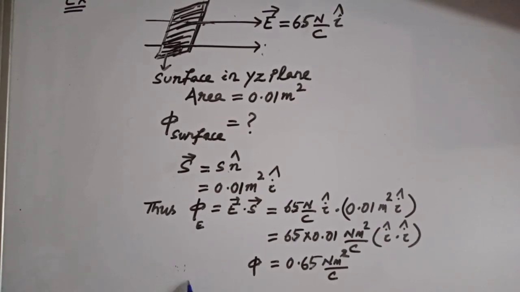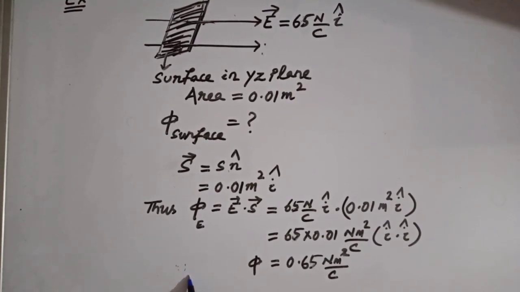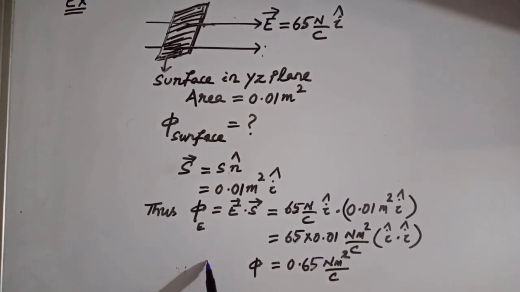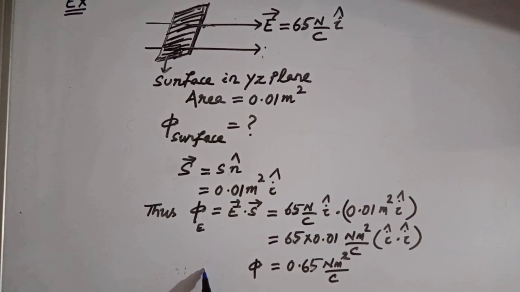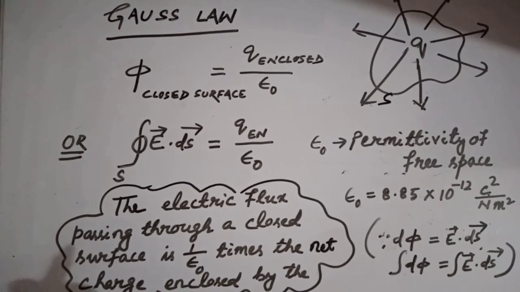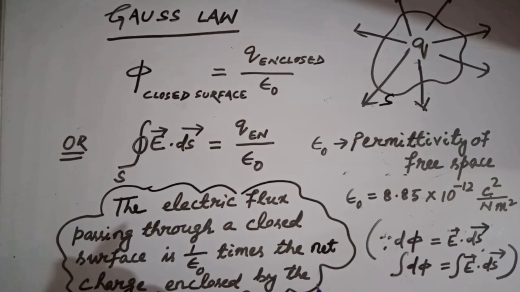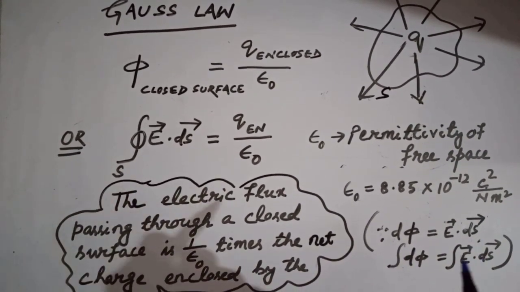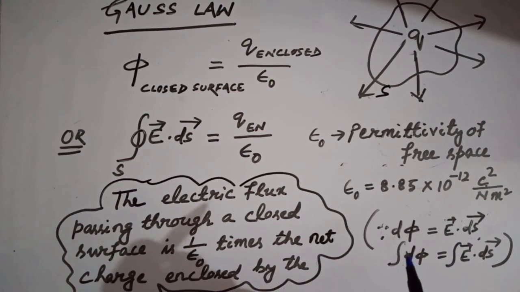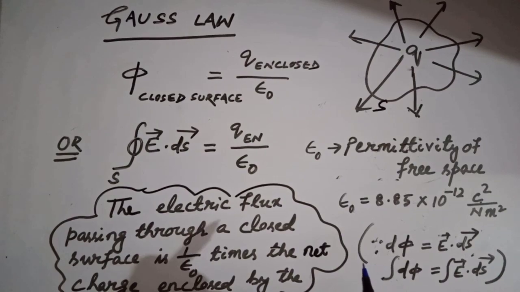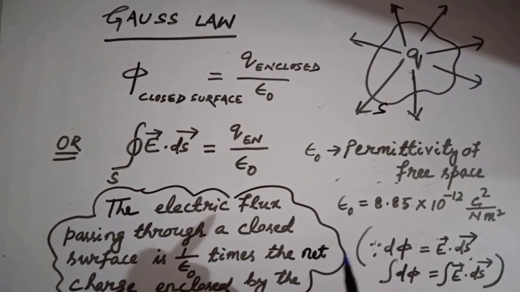There is another law which is used to find the flux passing through a closed surface. That law is Gauss law. Gauss law in electrostatics is used to determine the electric flux passing through closed surfaces as well as the electric field due to different types of charge distributions.